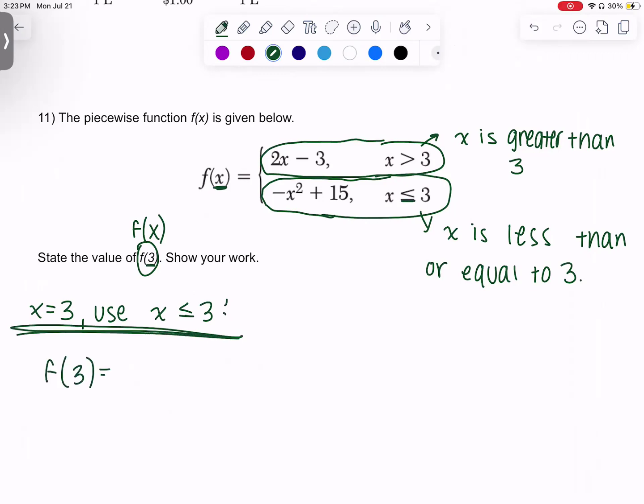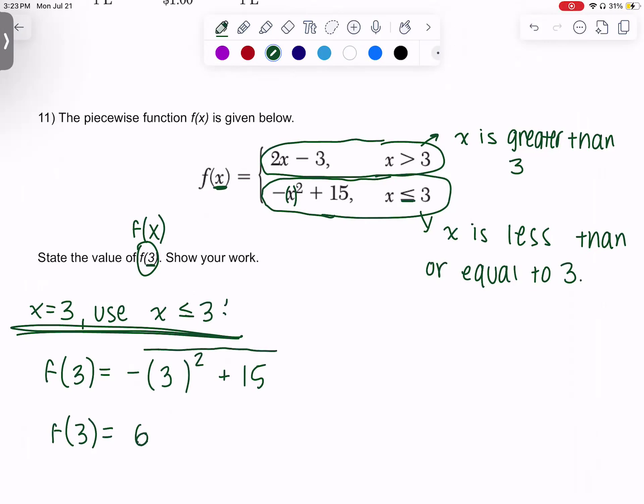F of 3 equals negative parentheses squared plus 15. Remember, when you're changing your variable into a number, you have to use parentheses. Leave the negative sign outside, leave the squared on top. This is negative 3 squared plus 15.